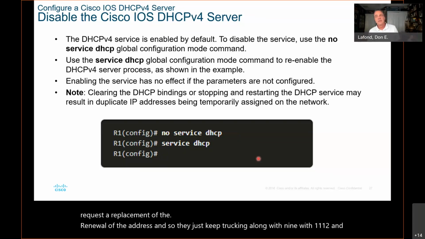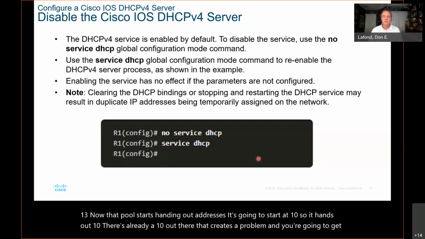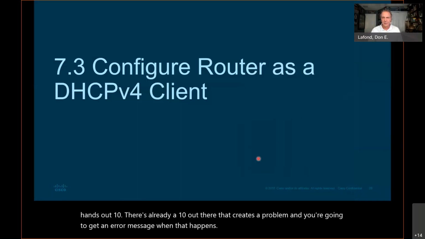Now the pool starts handing out addresses at 10, so it hands out 10. There's already a 10 out there. That creates a problem, and you're going to get an error message indicating that the address is already in use.